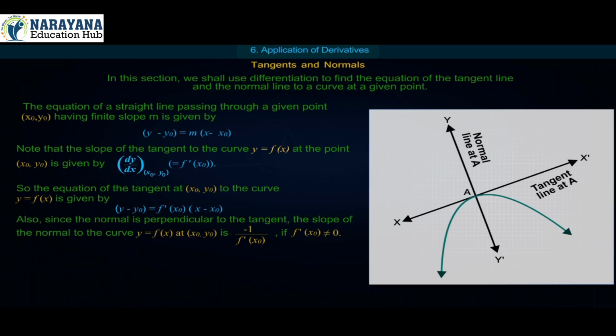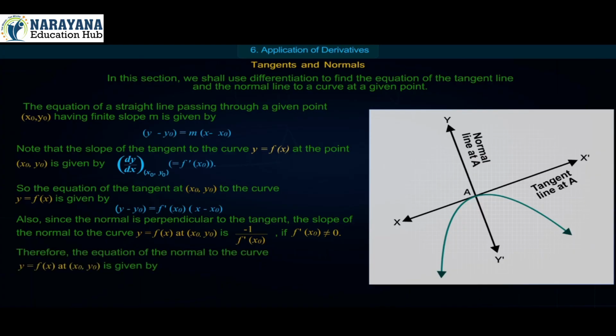Also, since the normal is perpendicular to the tangent, the slope of the normal to the curve y is equal to f of x at x0, y0 is minus 1 upon f dash of x0, if f dash of x0 is not equal to 0.